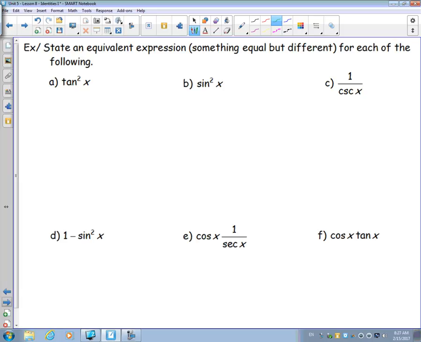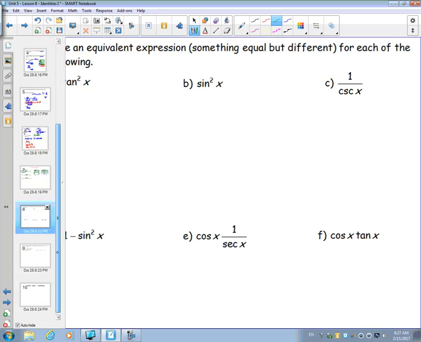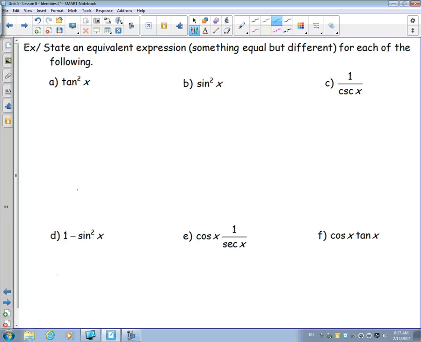Okay, last idea, I think. So we want to state some equivalent expressions. So give me something that's equal but different for each of these. So if I came across tan squared, what's another way I can write that? Well, tan squared means tan squared, right? And what do we know about tan?